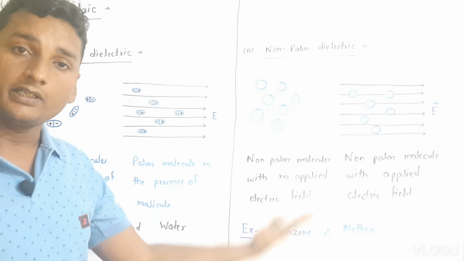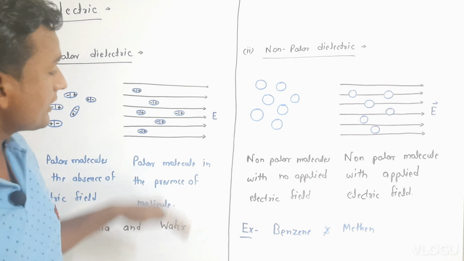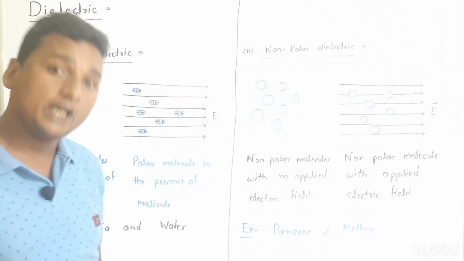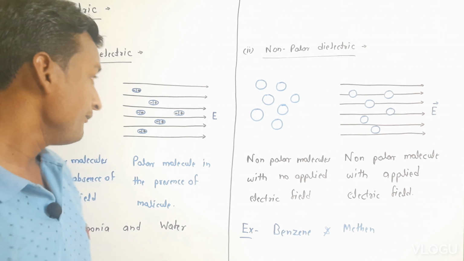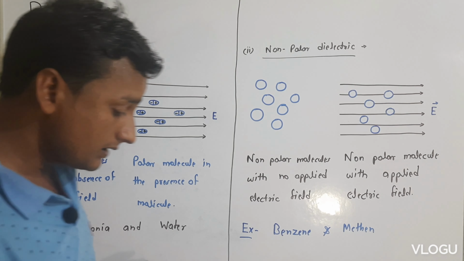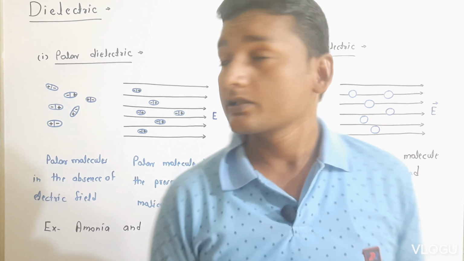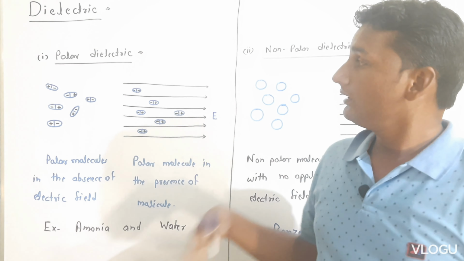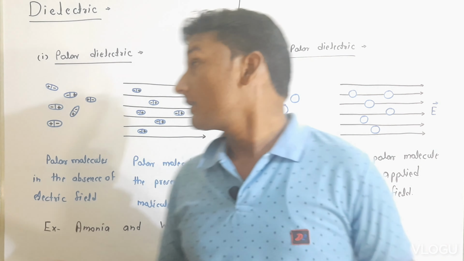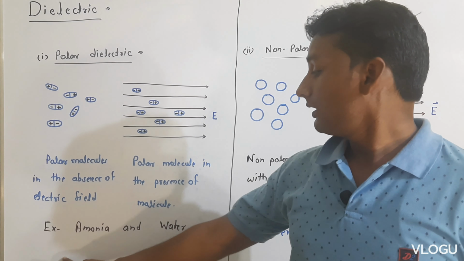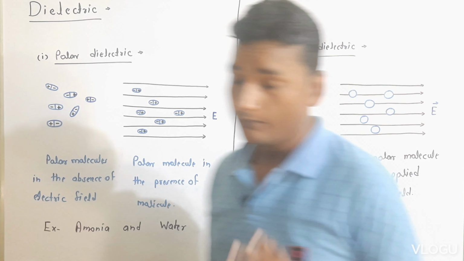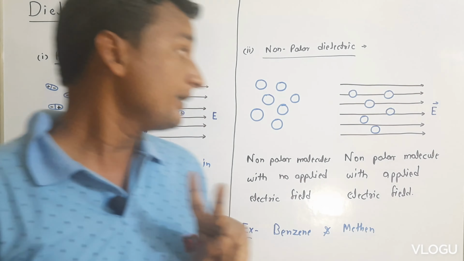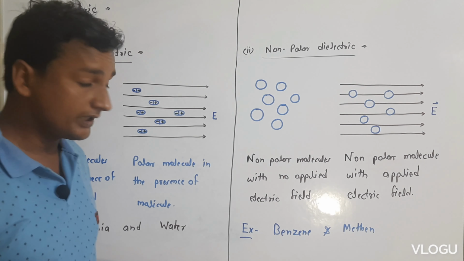That's why the polar dielectric which contains these polar molecules now has a permanent dipole moment. So this is how a polar dielectric works and the effect of applying an external electric field. The basic examples of polar dielectrics are ammonia and water.